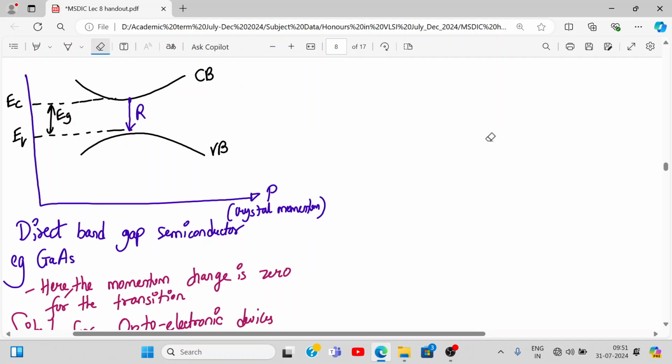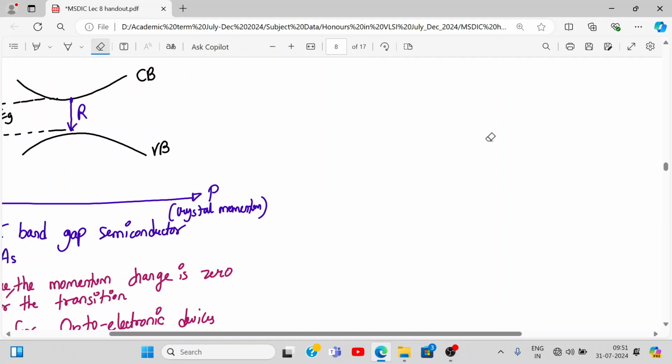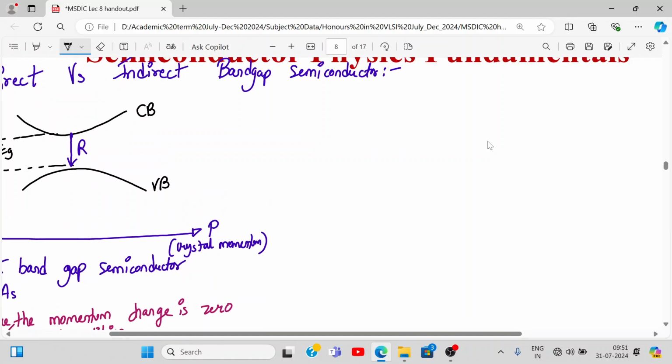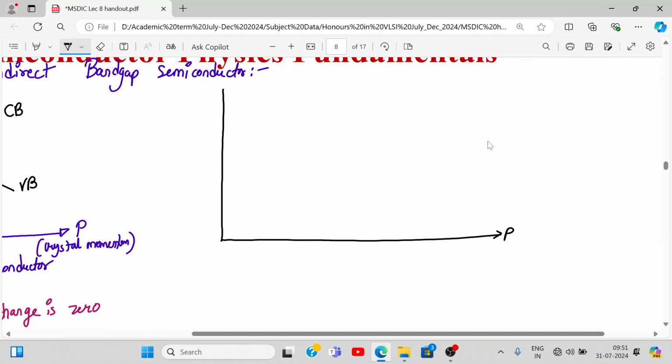Okay, let's see why. So draw this diagram. Next, momentum versus energy. See this realistic picture.